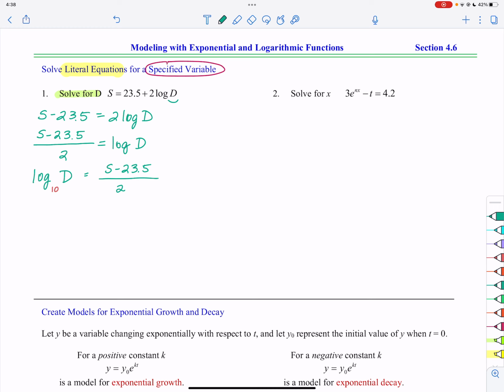So now we can say that 10 raised to that quotient power is equal to D, and that's what we're looking for. 10 raised to s minus 23.5, all divided by 2, is equal to D. Then we can just write it the other way.